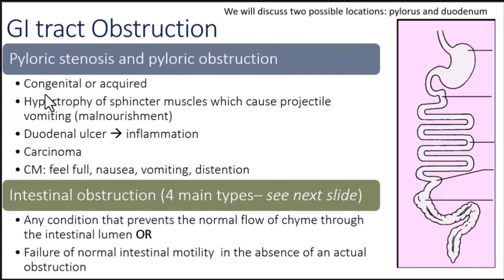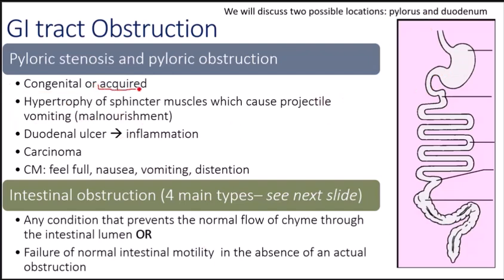And when they're born with it, so I'll just draw an arrow here that we're talking about congenital, what they're born with is hypertrophy or enlargement of the sphincter muscles here. And they become so thick and really tight that it prevents the proper movement of food or chyme through into the duodenum, and it can lead to vomiting and then malnourishment.